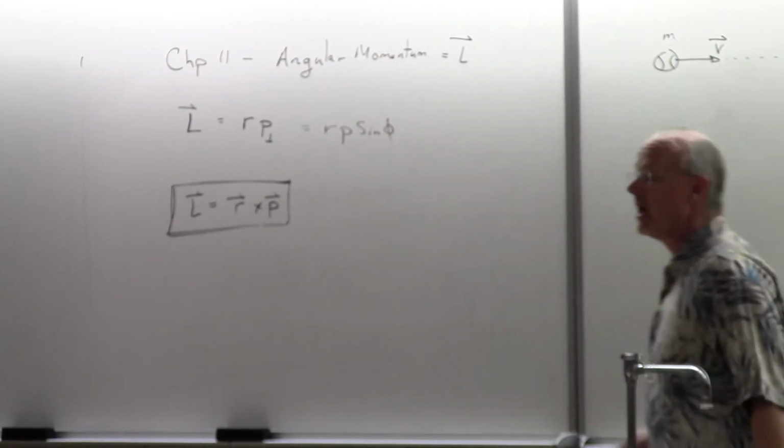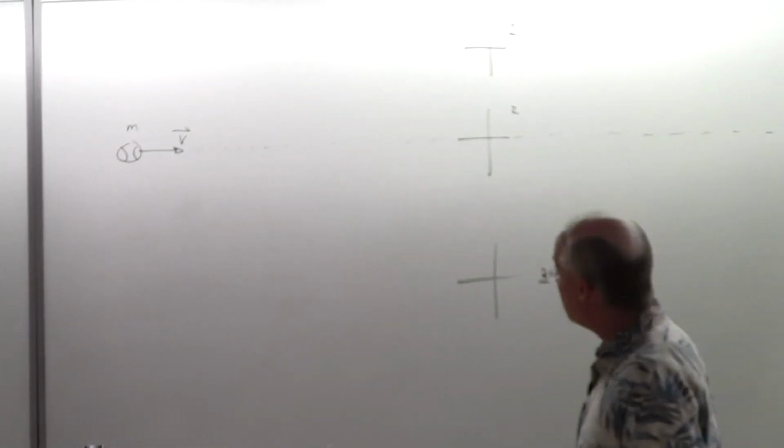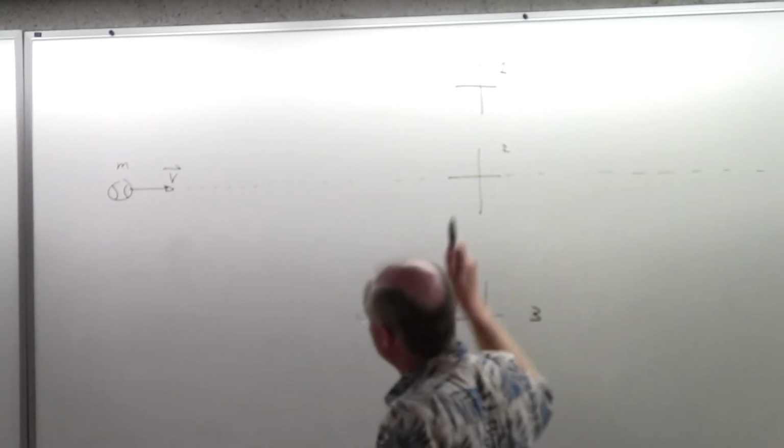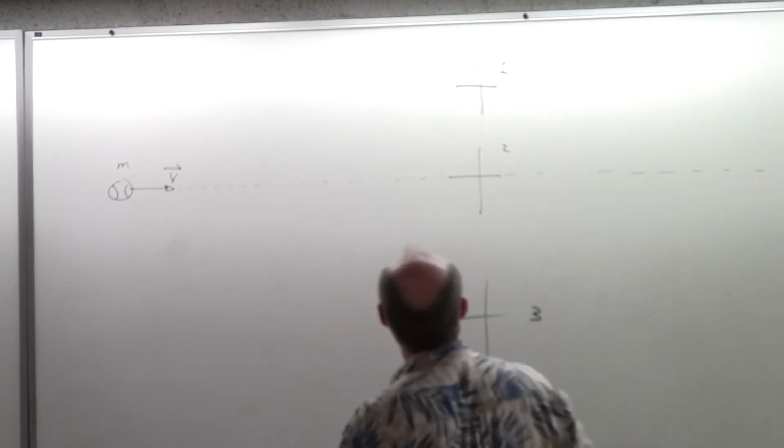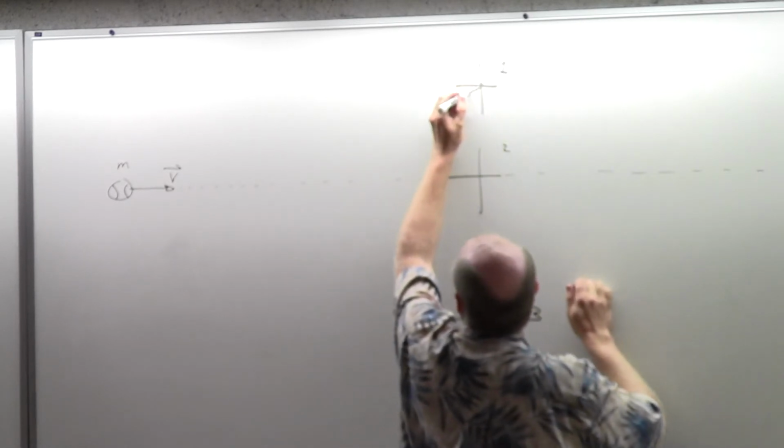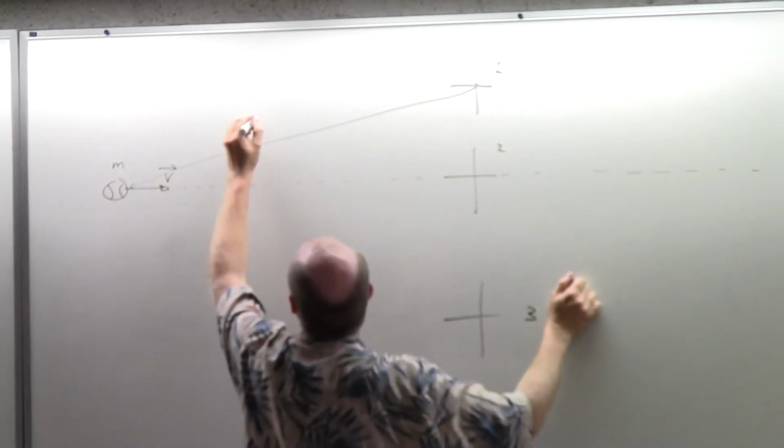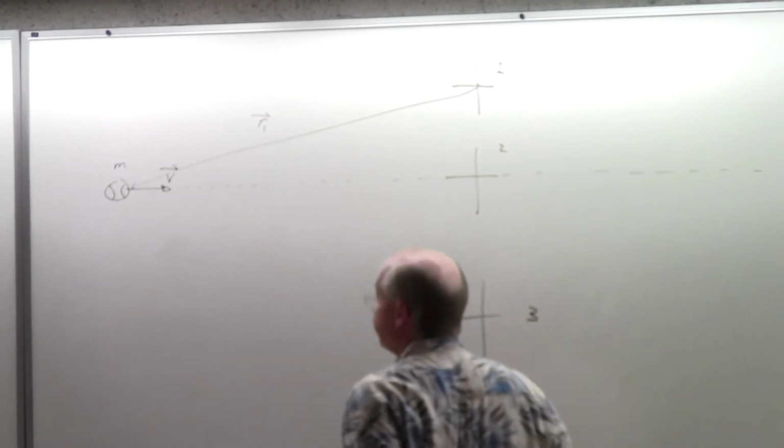See, watch this. Let's say we do number 1. Okay? Here is origin number 1. Here is the object way over here. If I were to draw a line out to there, I would call that R1.